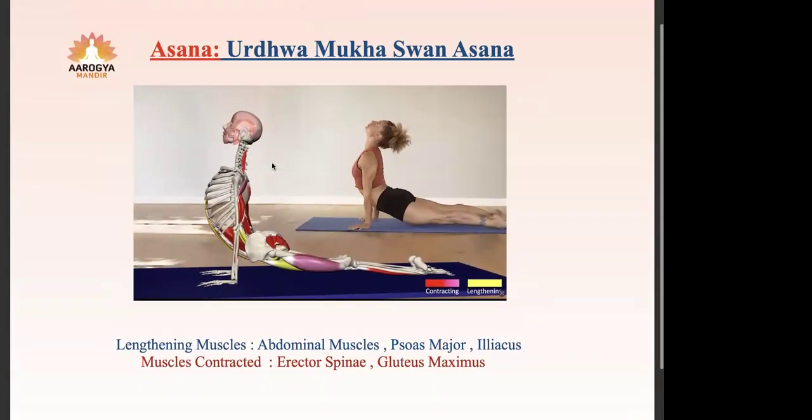Now, coming to the next posture, which is Urdhmukh Shvanasana. Urdhmukh Shvanasana, of course, is one of the best postures if you are actually looking for good flexibility in your body. Then you should practice a combination of Urdhmukh Shvanasana and Parvatasana.